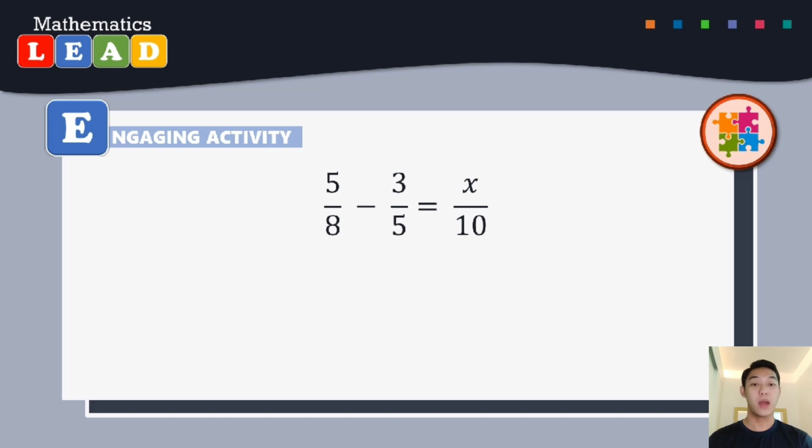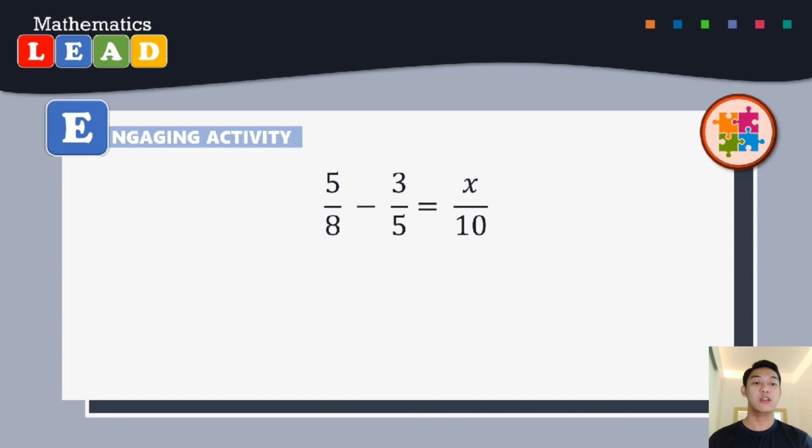We will give you again the power to pause this video to answer this. Let us now find the answer. What do we need to do in order to find the value of x? The best thing we can do is clear away all fractions. We have an 8, a 5, and a 10.